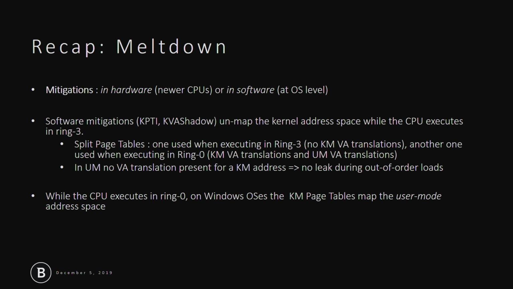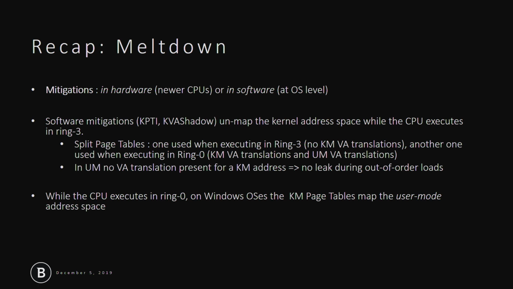Now, software mitigations, such as KPTI or KVA Shadow, unmap the kernel address space while the CPU executes in ring 3. They use a split page table architecture. They use two sets of page tables. One set is used when executing in ring 3, and that set doesn't contain any kernel mode virtual address translations.